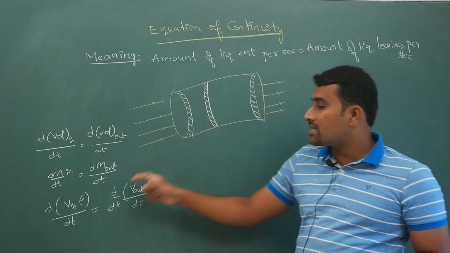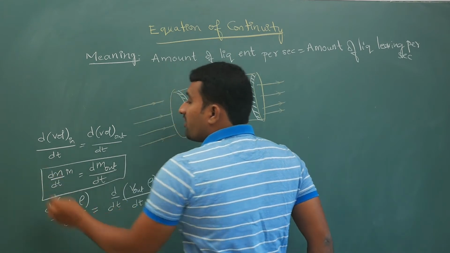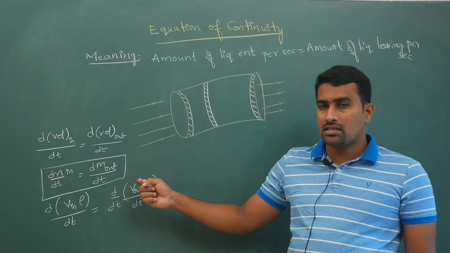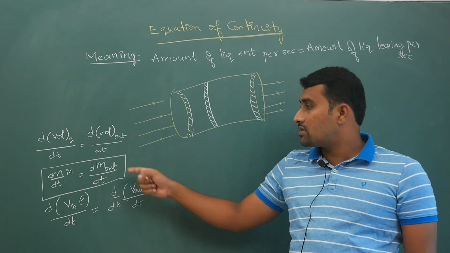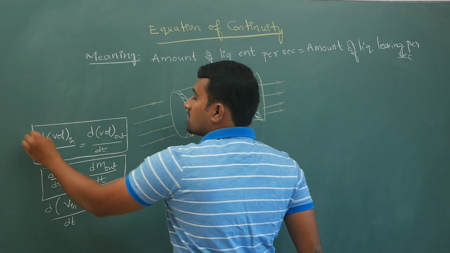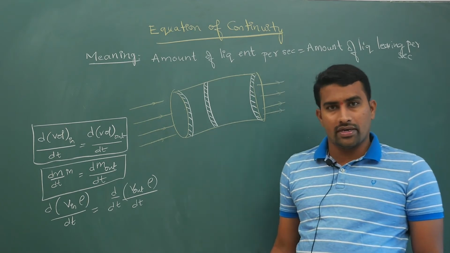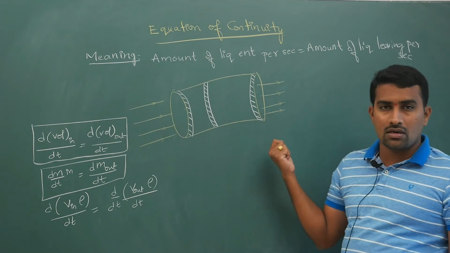If different liquids are there, this relation will work for different liquids too, and for a particular liquid the density remains constant anyhow. So for a particular liquid, how much enters, that much will leave, because we are considering an incompressible fluid. Incompressibility means how much is entering, that much should leave.